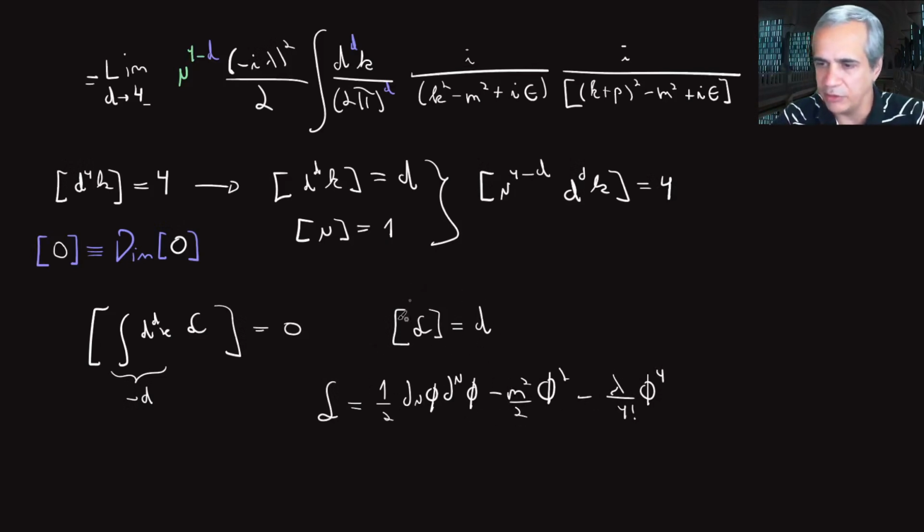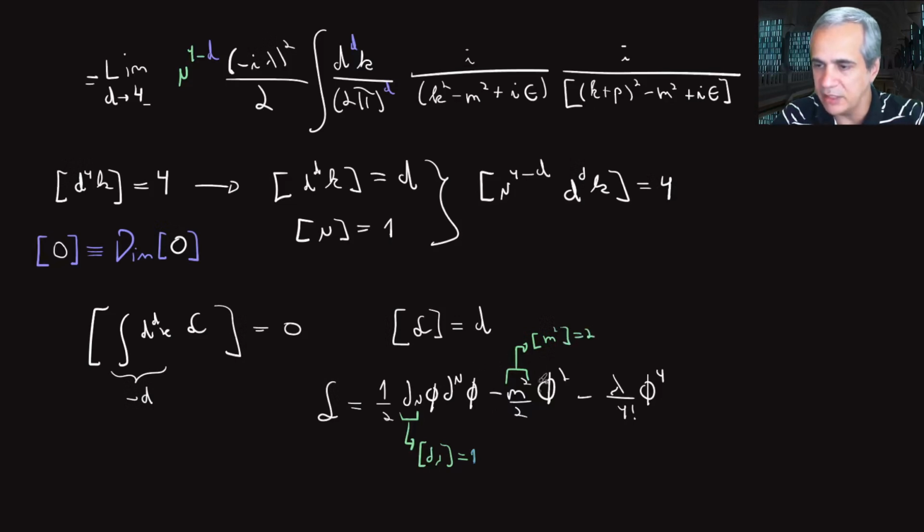From here, now that you know the dimension of the Lagrangian, you can get the dimension of the field, either here or here. So, for instance, on this side, the dimension of the derivative is 1. So these two derivatives contribute to a total dimension 2. Same here with this mass, the dimension of mass square is also 2.